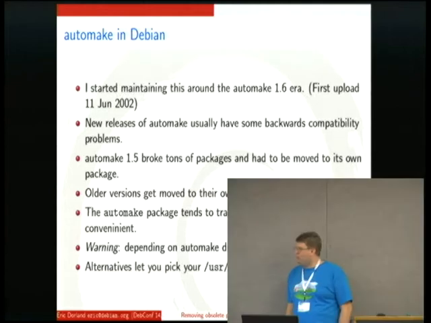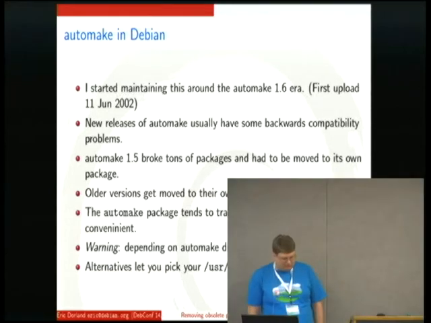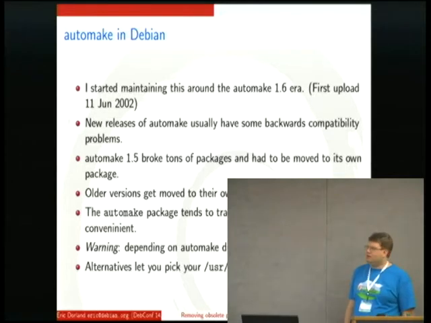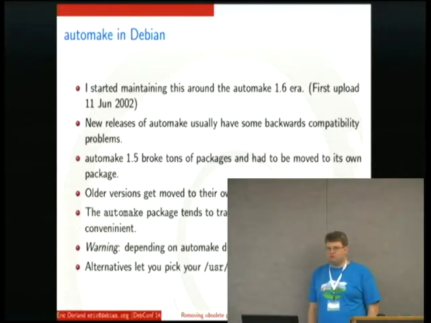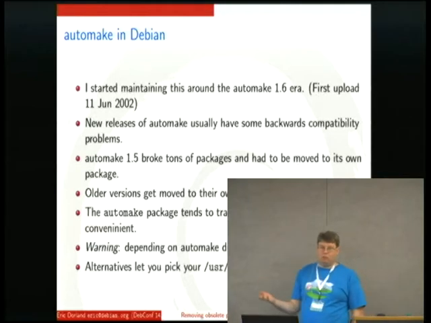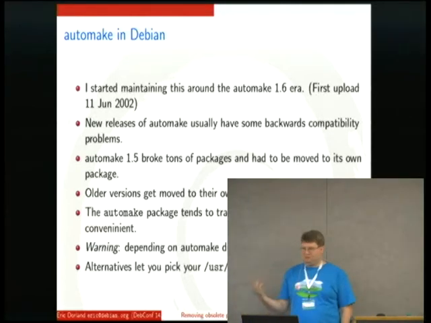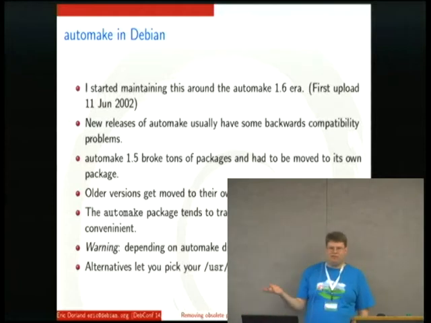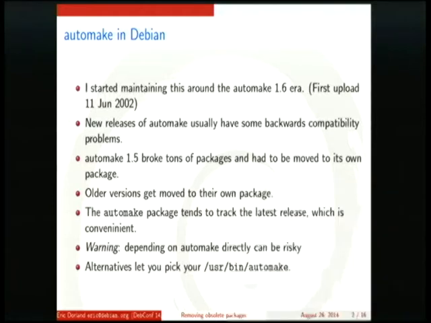Back in the day, for a very long time, there was Automake 1.4, and that just sort of worked. And then Automake 1.5 was introduced, Debian upgraded to Automake 1.5, and lots of packages broke. So what ended up happening is that Automake 1.5 got moved into its own package, and Automake 1.4 was the Automake package.